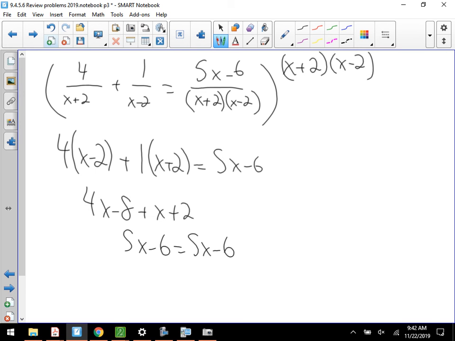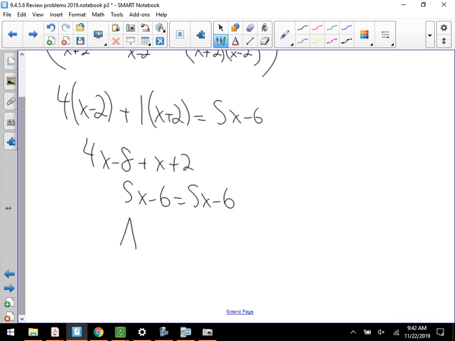Is that a true or a false statement? When it's a true statement, what is it? Infinite solution. But what can't it equal? Very good. This would be infinite solution, all real, x not equal to plus or minus 2.